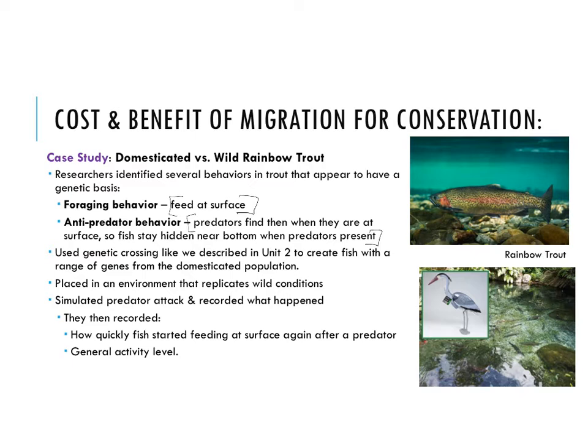To look at the impact of gene flow from domestic fish into wild rainbow trout, they use the same genetic crossing that we talked about in Unit 2 to create fish with a mosaic of the two parental types, both for phenotypes and for genes. They also created a gradient of the percent of genes from the domesticated trout.